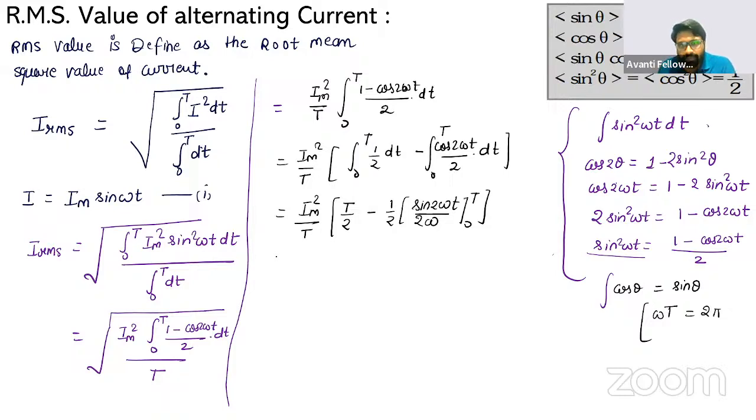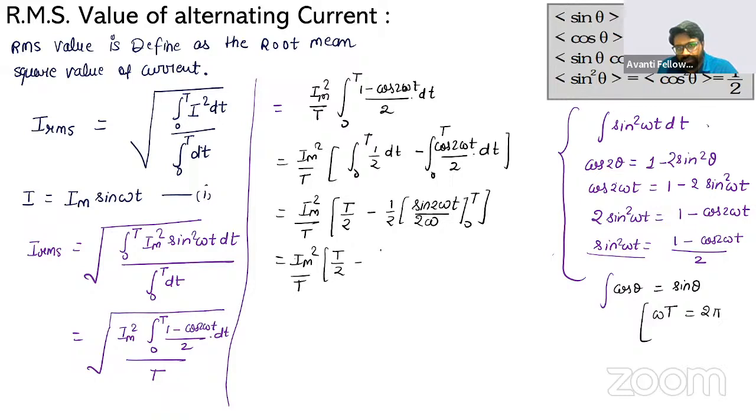It's up to you. In the previous case we put the value of omega in terms of t; in this case, we will put the value of t in terms of omega. Chalo. Im square by capital T into t by 2 minus... देखो यहाँ पे ये t by 2 बनना है, so we have to put the value of omega itself so that it will also become in T.